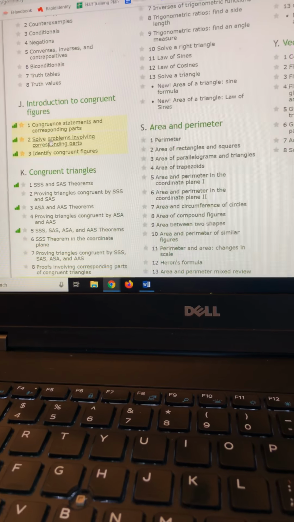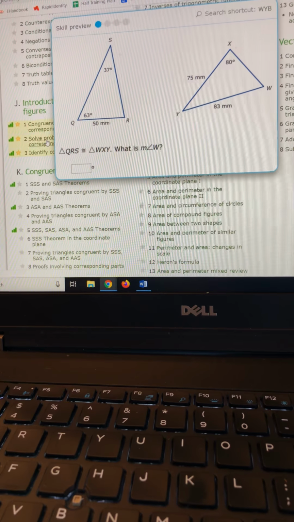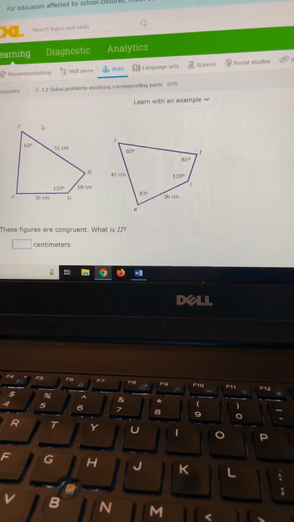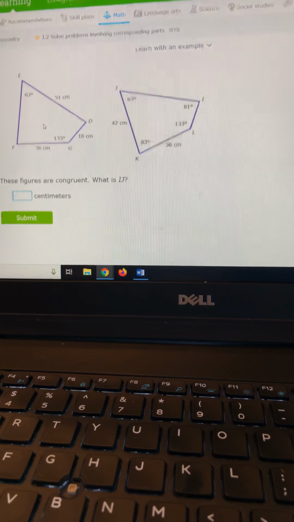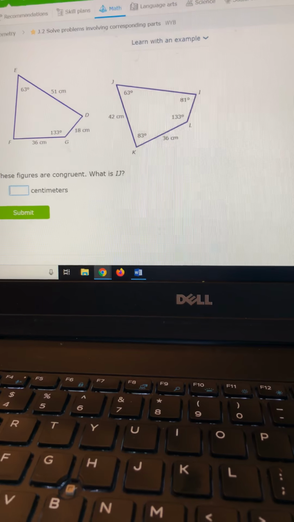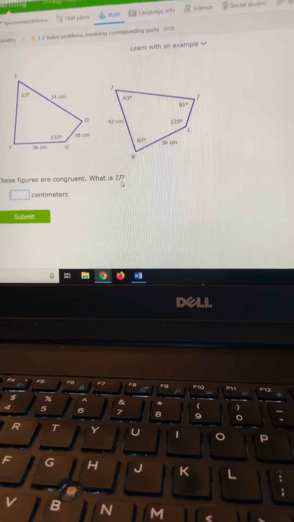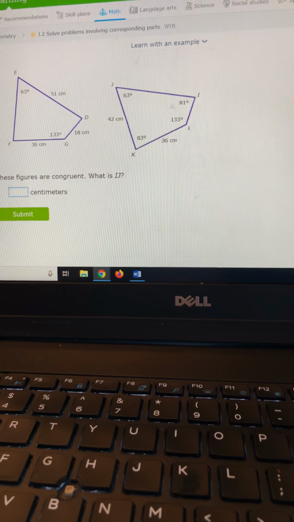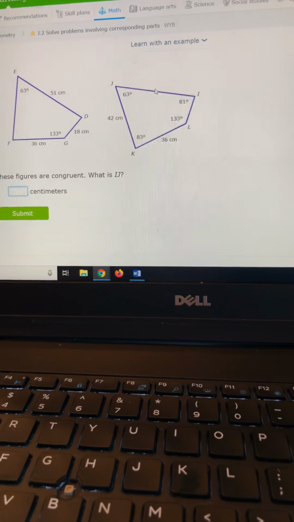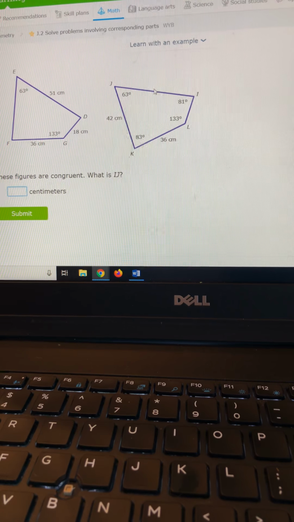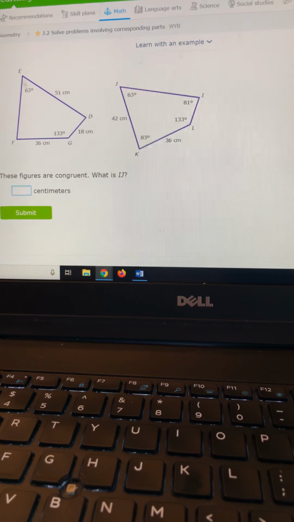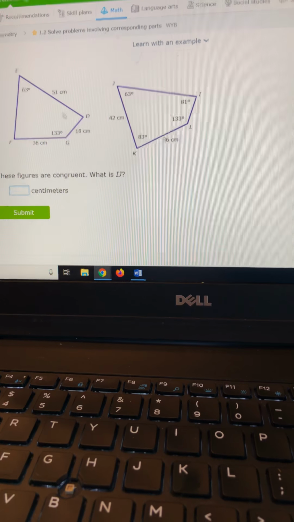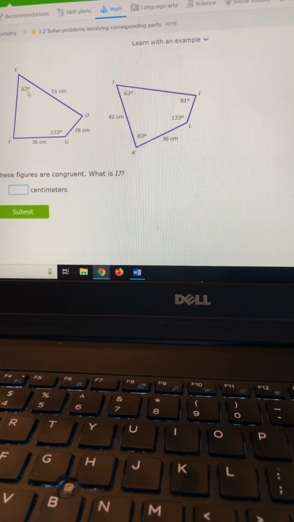Your other one, solve problems and concluding. Okay? So it says the figures are congruent. What is IJ? So IJ is the length here from the 81 degrees to the 63 degrees. Okay? So let's look over here. There is no 81, but there is a 63.